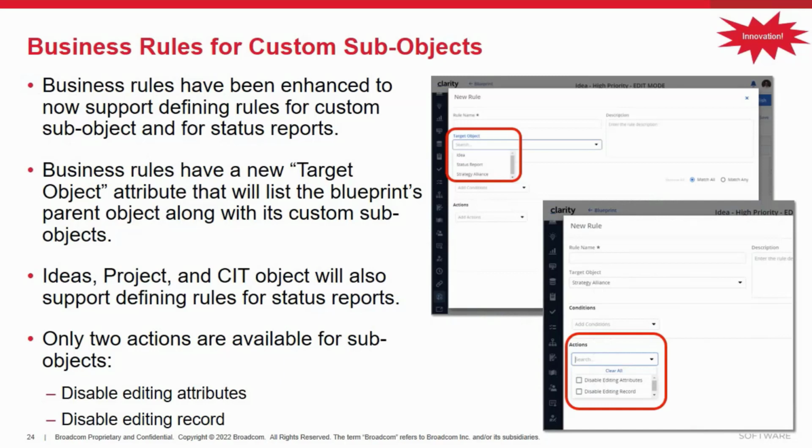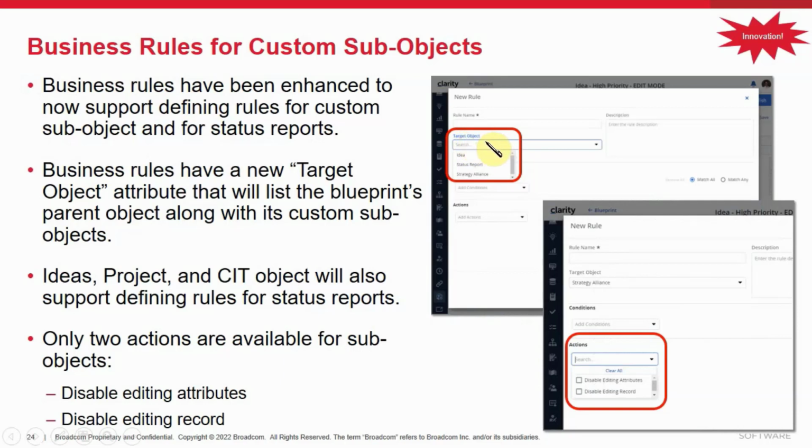So for example, if I want to define a business rule for a sub-object inside of ideas, then I will go to the ideas blueprint, go into the rules of that blueprint, and when defining the rule, I will see this new target object field.